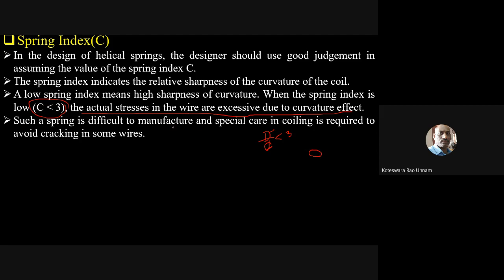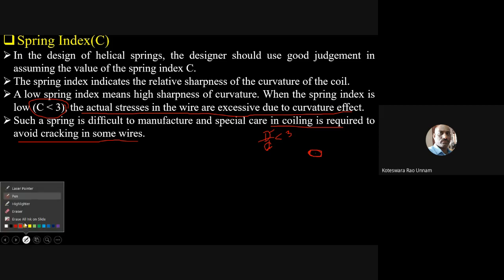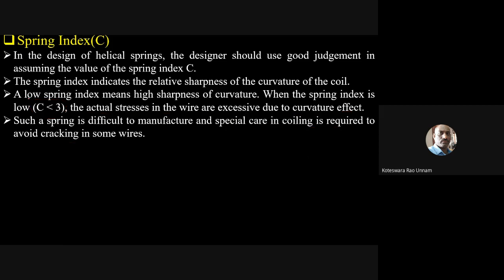Such a spring is difficult to manufacture, and special care in cooling is required to avoid cracking, because the curvature is sharp, so there is a possibility of crack generation in the spring. To avoid crack formation, an additional cooling process is required. So it is always difficult to manufacture a spring with a spring index less than 3.